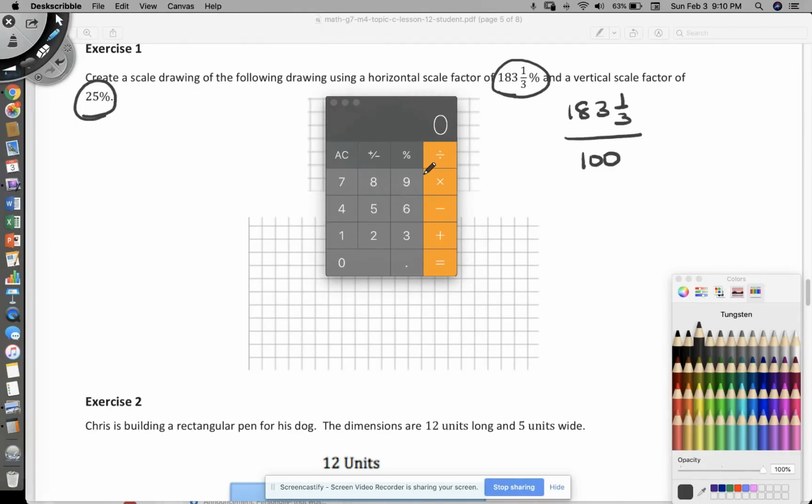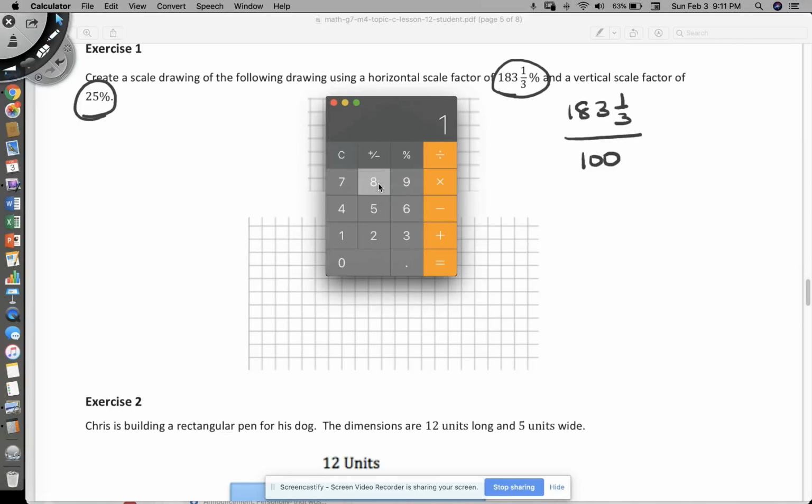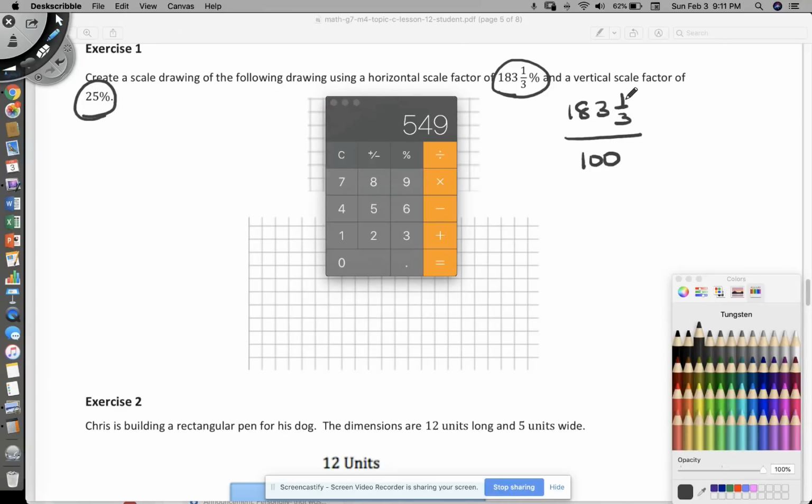All right, now in order to get rid of the denominator in that 1/3, we're going to do 183 times 3. Now, why I'm doing that is I want to get rid of this denominator. So you have to multiply everything by that 3, including the denominator down here. So it cancels there. 183 times 3 gives me 549, but you can't leave off that 1, which means we just add it back in.